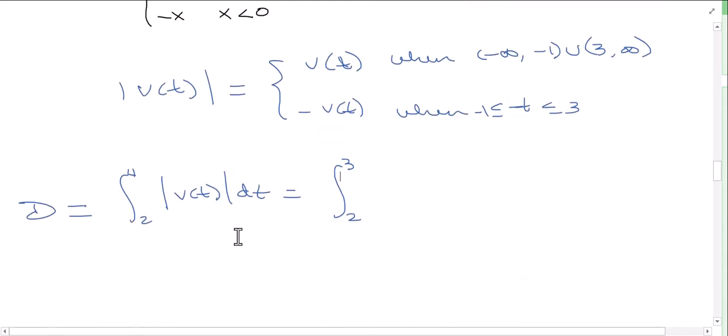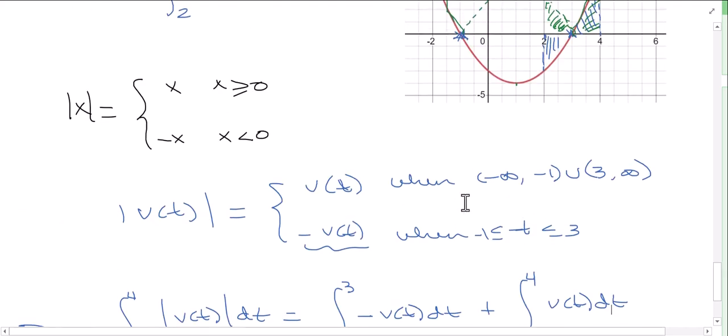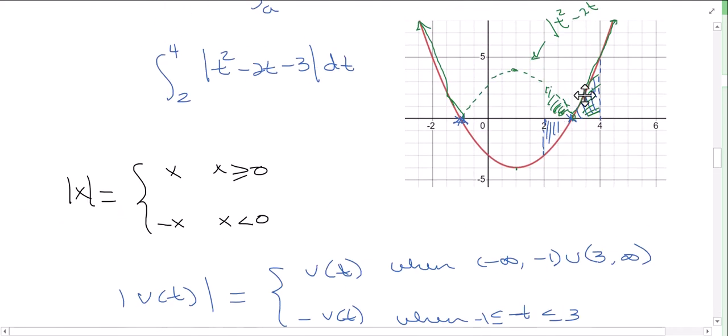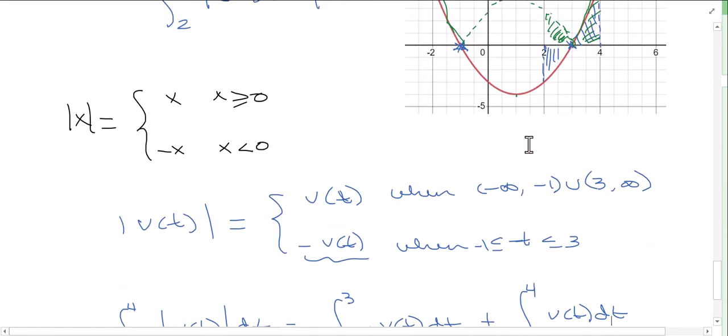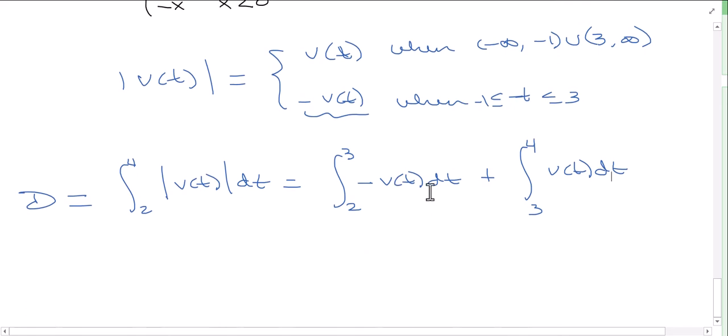So the integral from 2 to 3 of negative v of t, plus the integral from 3 to 4 of just v of t dt, because that's where it's already positive. When it's positive, we want it to stay positive. When it's negative, we want to bring it up, so you do the opposite of that.